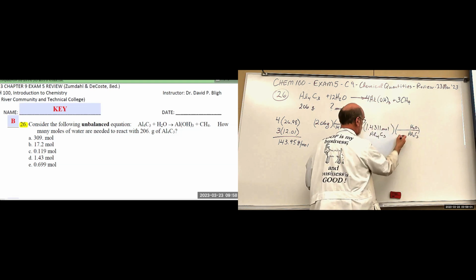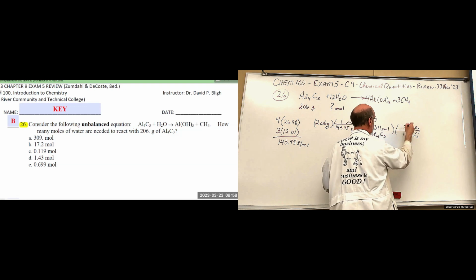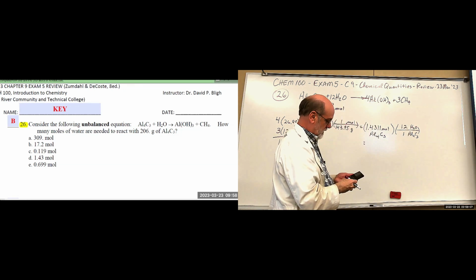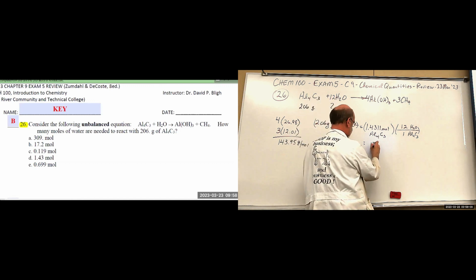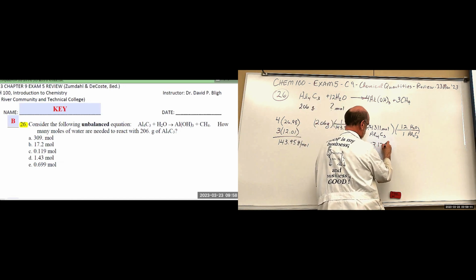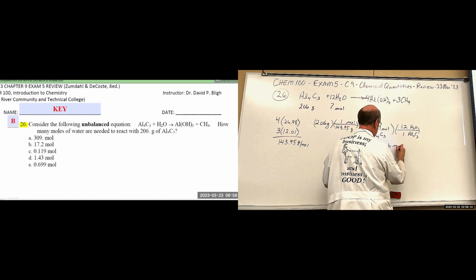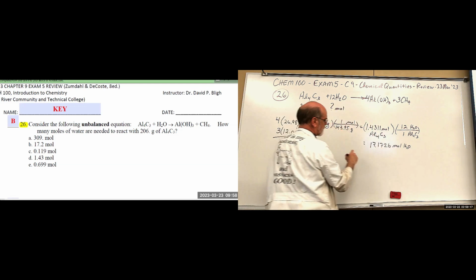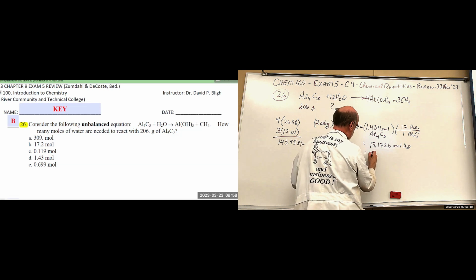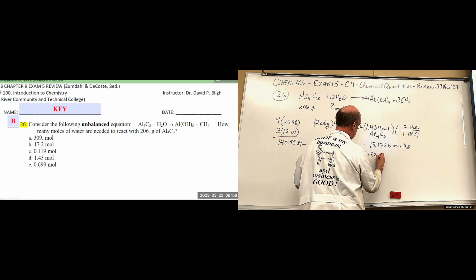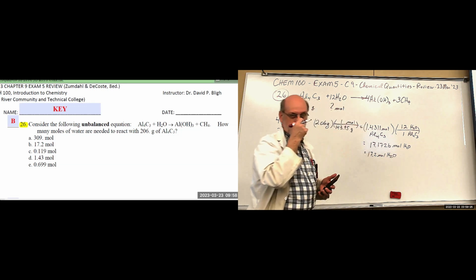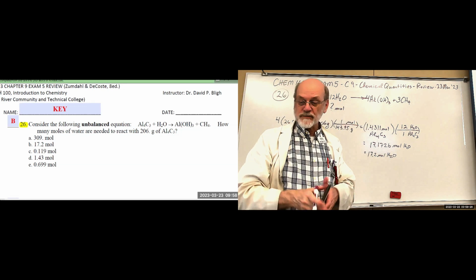And the ratio is one of these and 12 of those. So 12 times that value should give us our answer. 17.1726 moles of water. But we've got three significant figures, so we have to round it down to 17.2. That's why the answer is B.